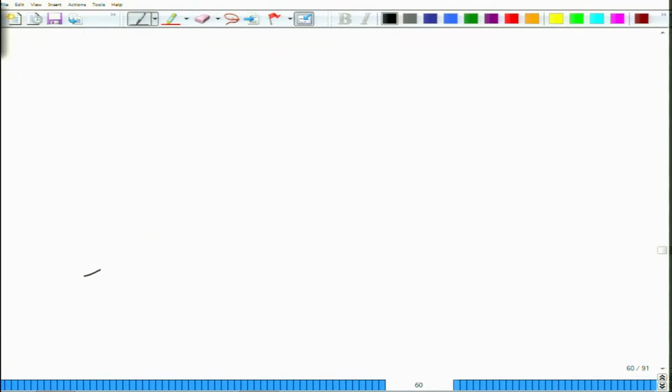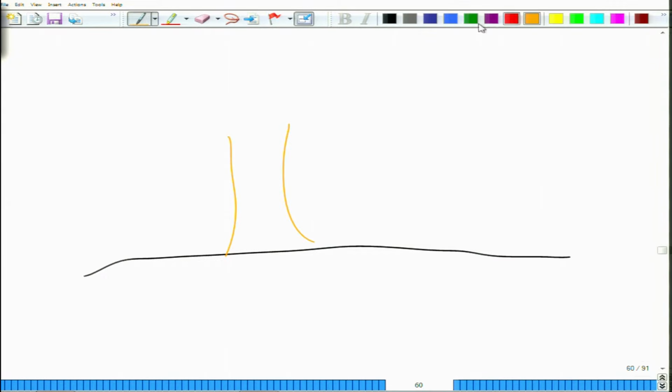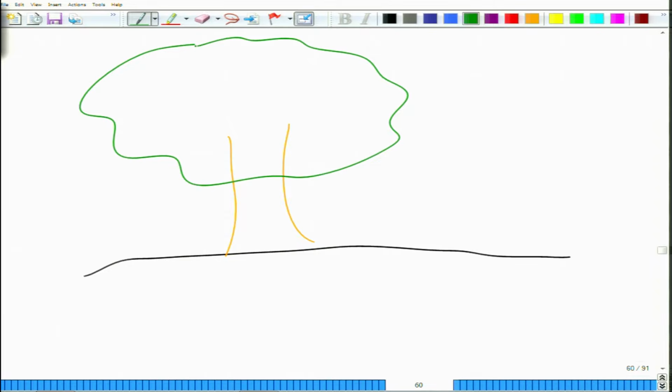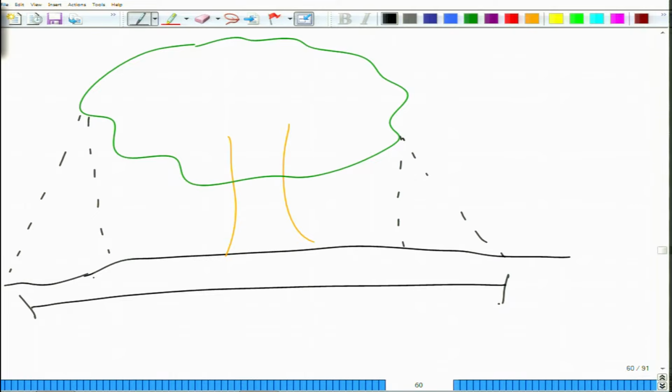So, for instance, if you have a forest and in this forest we have this tree. Now, just by its presence here, it will be casting a shadow beneath itself and also to some degree on the sides.